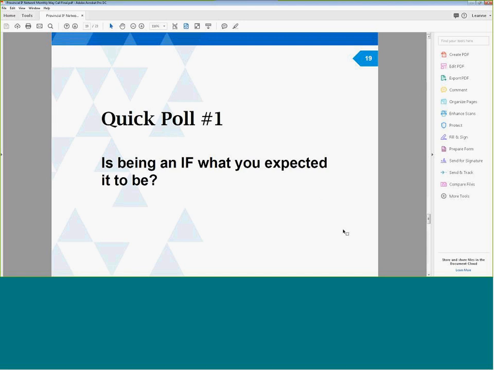We have one more poll question. There we go. So what is one word to describe what being an IF means to you? Type your answer here, please, on the side.